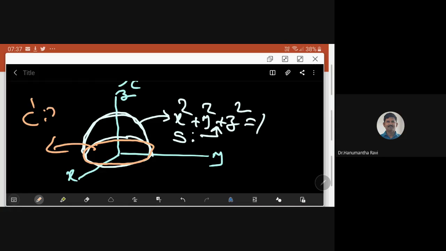So it is x square plus y square equal to 1 in the xy plane, with z equal to 0. Please remember, z is equal to 0, so you are in the xy plane, and we are talking about the unit circle centered at the origin. That's our C. Once this is determined, you can directly apply Stokes theorem to evaluate this integral.